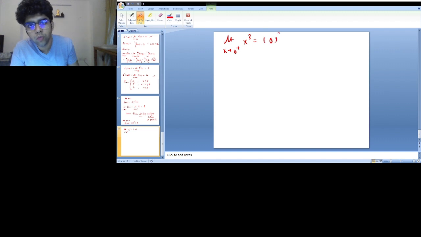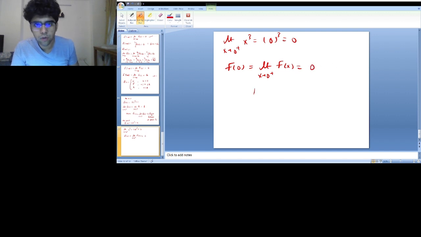So this is 0 cube again, and this is 0. So my f of 0 is equal to my limit x goes to 0 positive x cube, which is equal to 0, right? So right continuity at x equals 0.